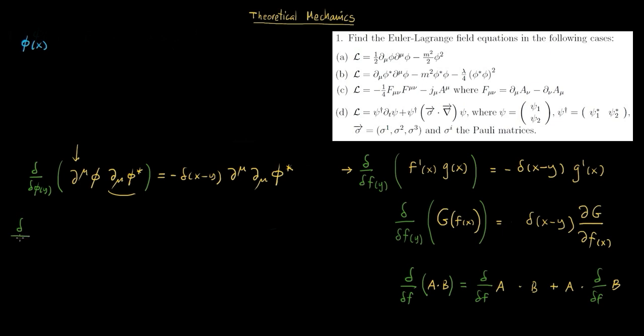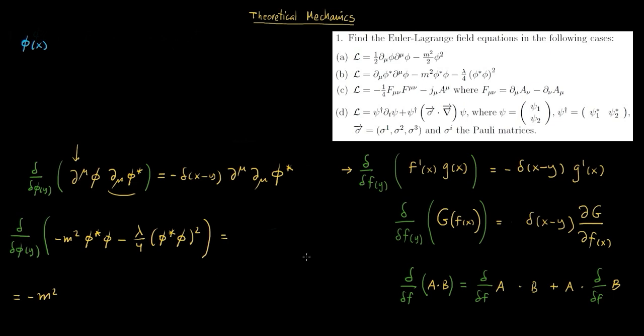So if we want to calculate the functional derivative of the remaining terms, minus m squared phi star phi minus lambda over 4 phi star phi squared, then we will have minus m squared.